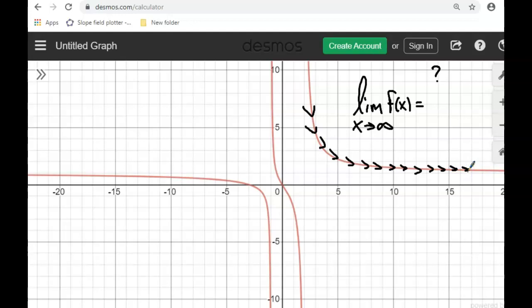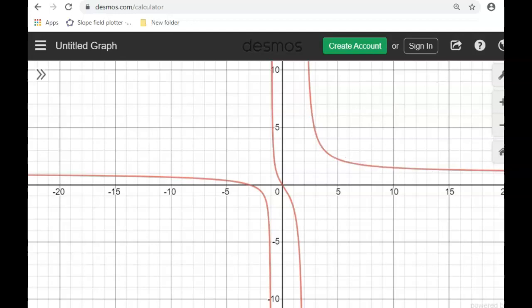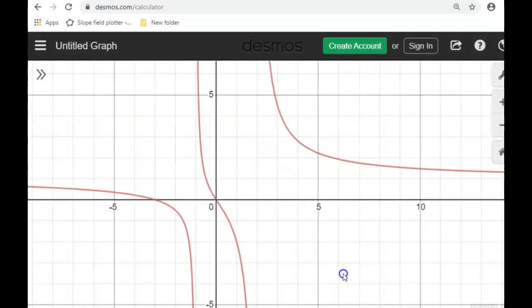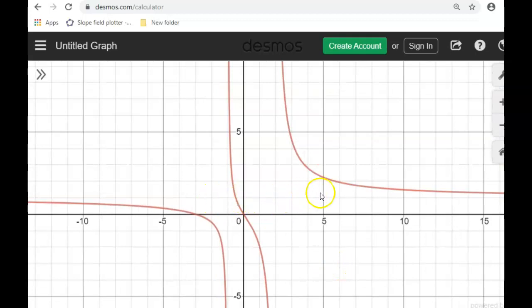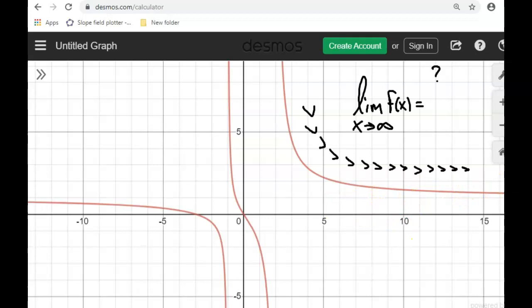It's kind of hard to tell with the poor image we have up here on the screen right now, but let me clear off my writing and we'll zoom in a little bit. It looks to me like it's approaching an asymptote right about here at about x equals 1. So it's approaching a y value of -1. In other words, it's just the horizontal asymptote of the function at that point.